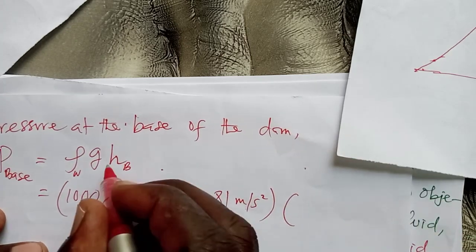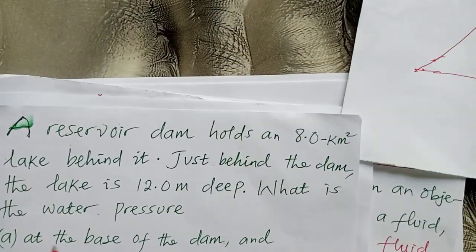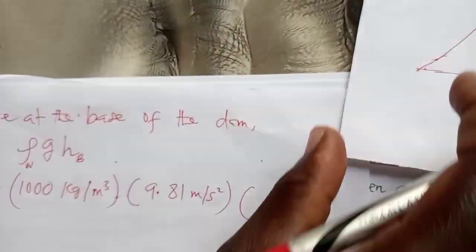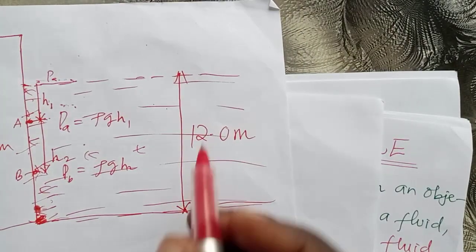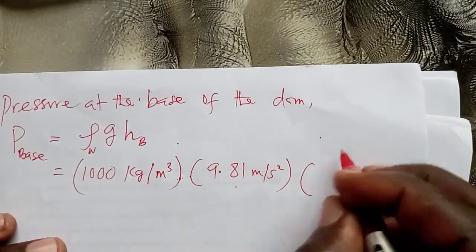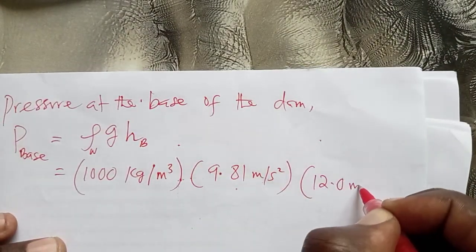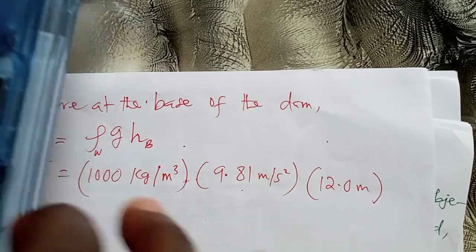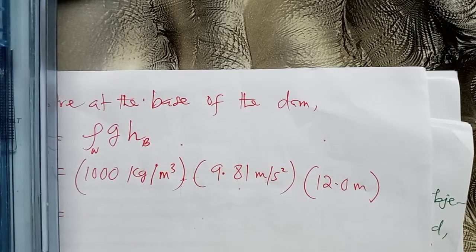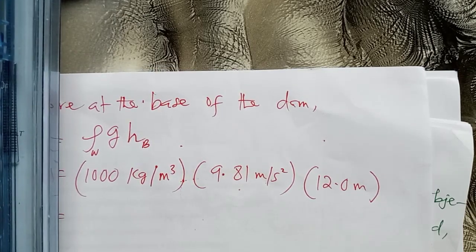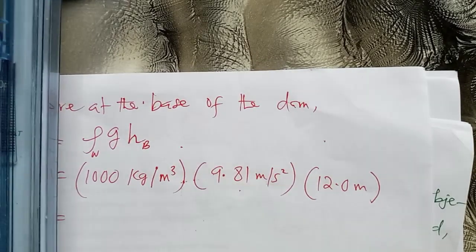And then finally you have the depth of the water at the base of the dam, the whole depth, which is 12.0 meters. So you simply bring your calculator and say 1000 multiplied by 9.81 multiplied by 12.0.